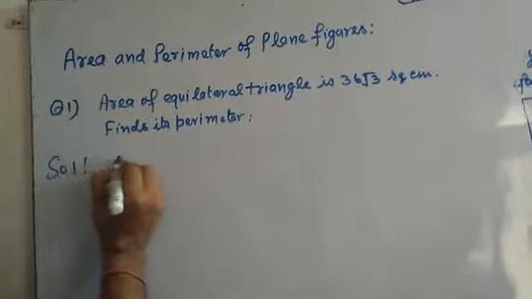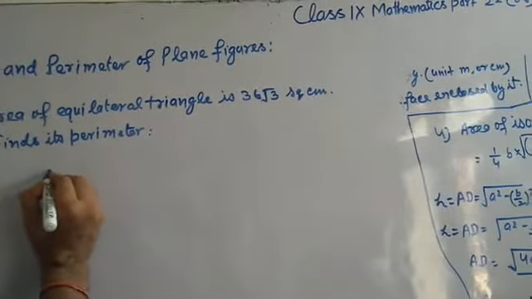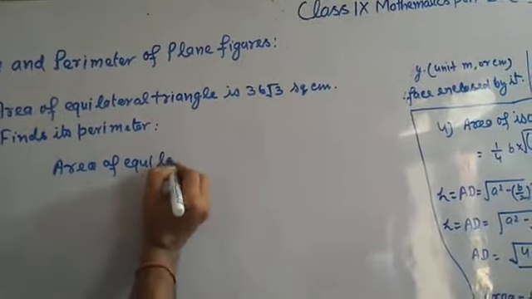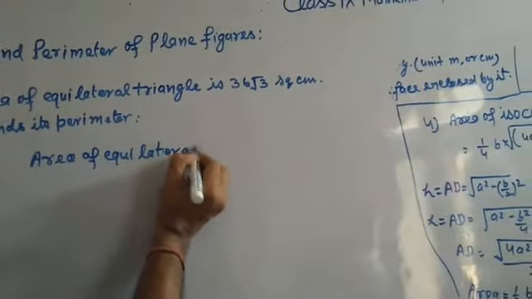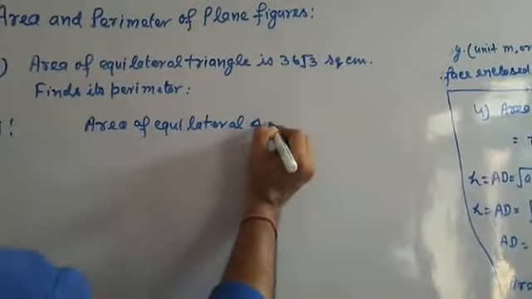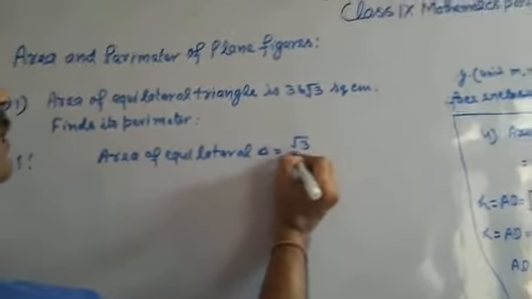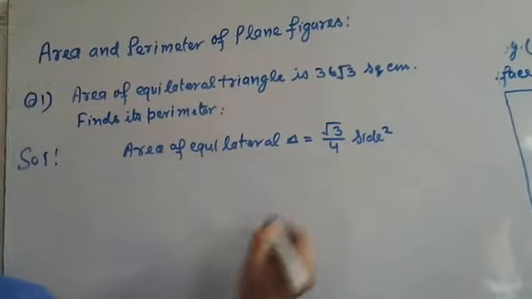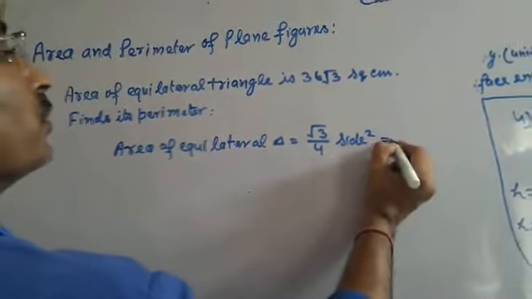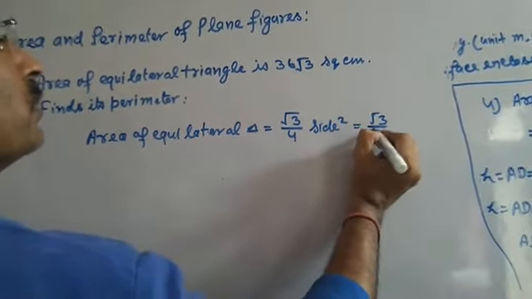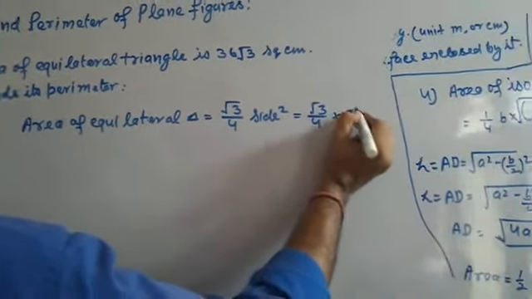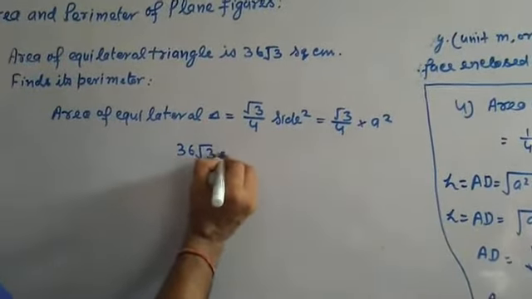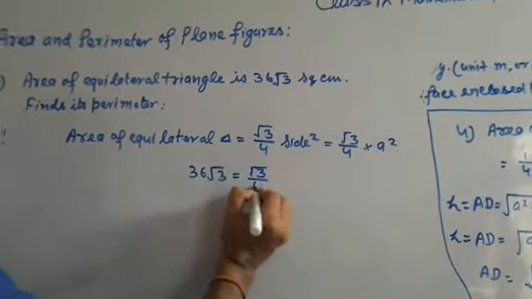Solution 1. We know that area of an equilateral triangle is equal to root 3 by 4 side square. Therefore, root 3 by 4 into A square, where A is the side, equals the given 36 root 3. Root 3 cancels.